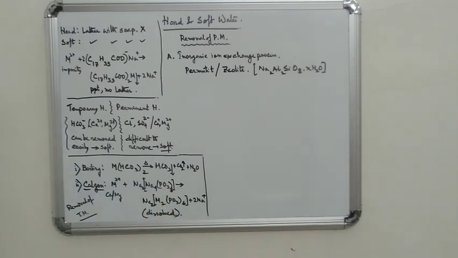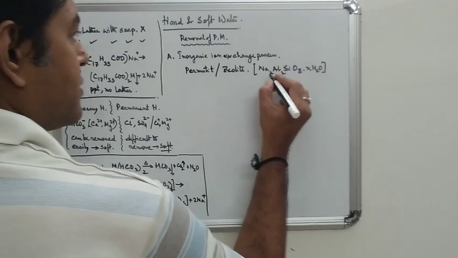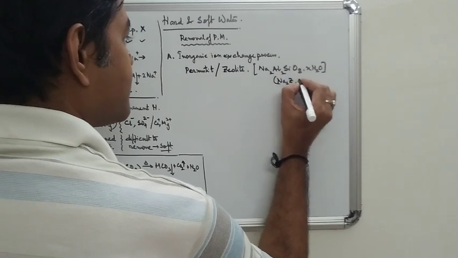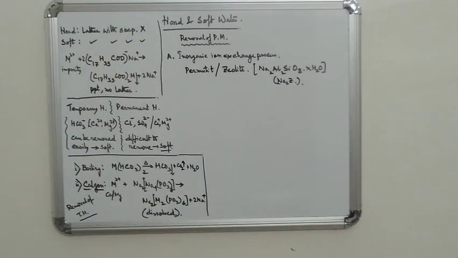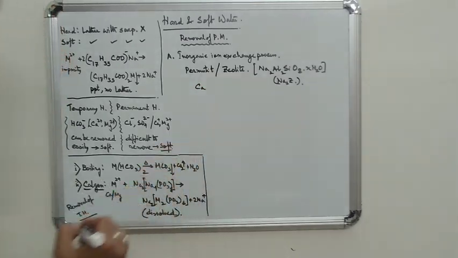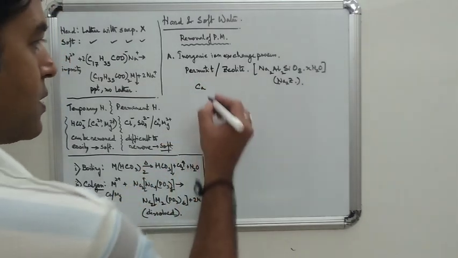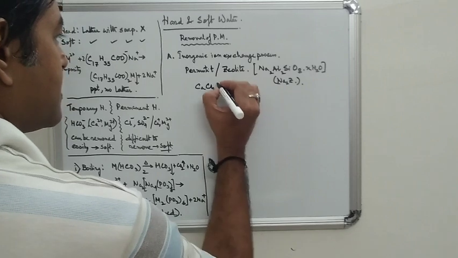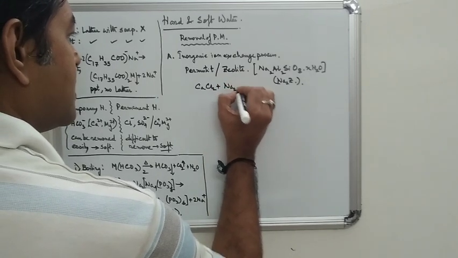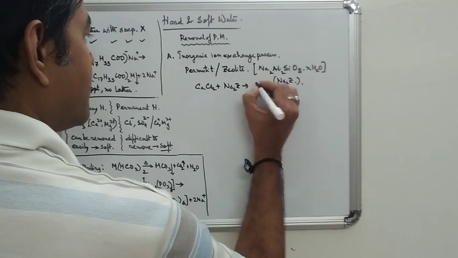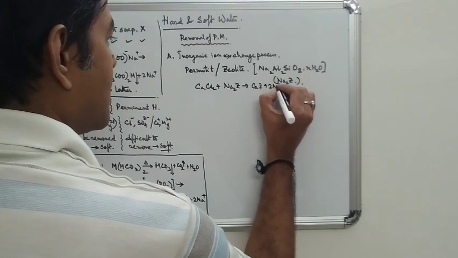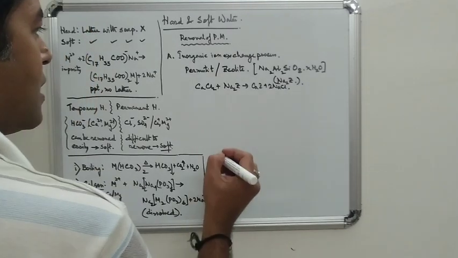Now, how does it react? In the general formula, we will write it as Na2Z. When calcium chloride is present here, it reacts with Na2Z to form CaZ, and NaCl will form.